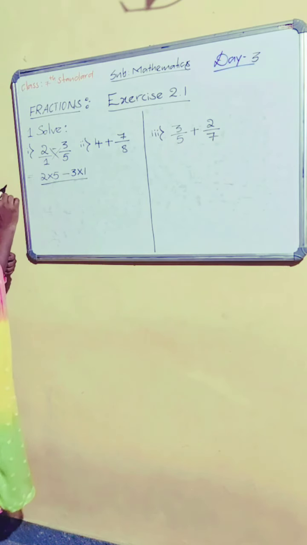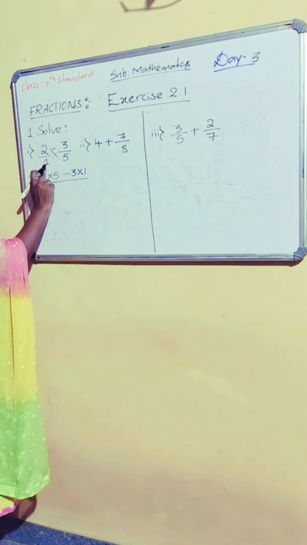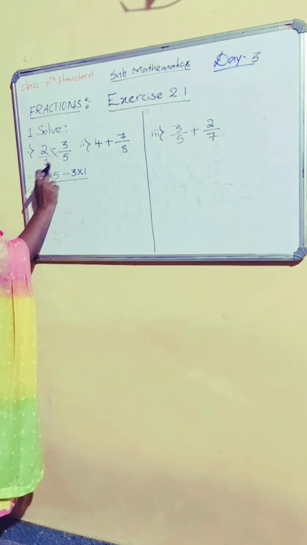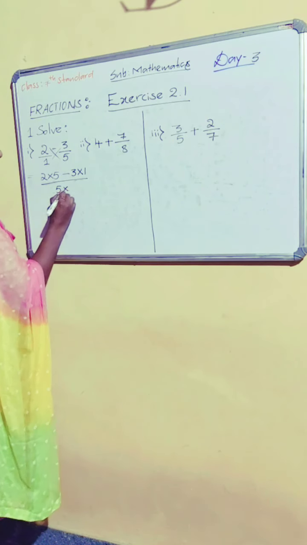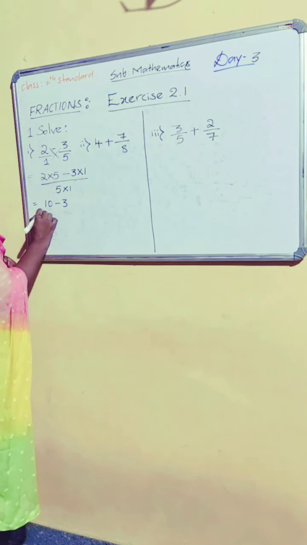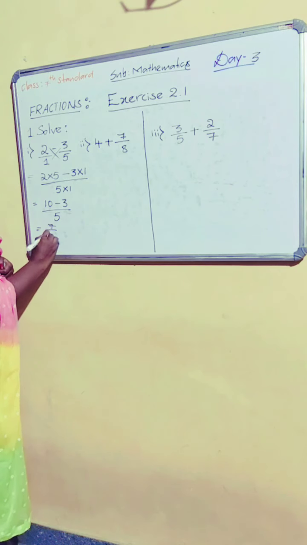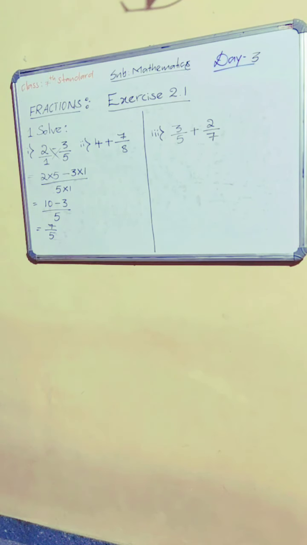The denominator should be multiplied here: this 5 is multiplied with 2, and in the same way 1 is multiplied with 3, divided by 5 into 1. That is 2 5s are 10 minus 3 1s are 3 by 5 1s are 5, which equals 10 minus 3, that is 7 by 5. So this is how we can also do it. If simple fractions are there, we can go for cross multiplication. If we have a combination of 2 or 3 fractions, then we have to go for the LCM method.